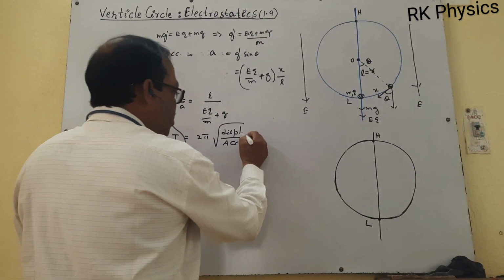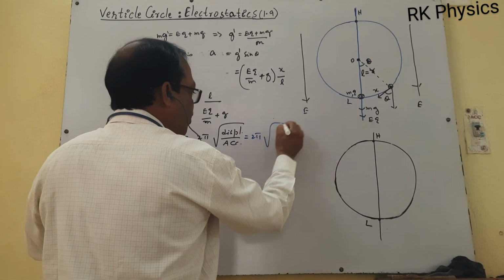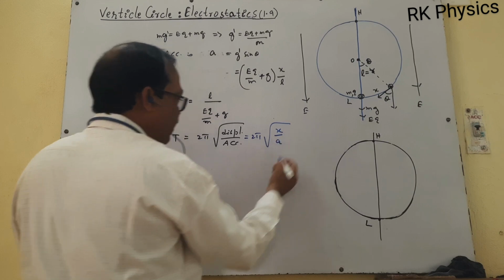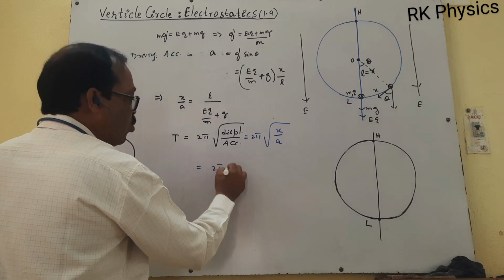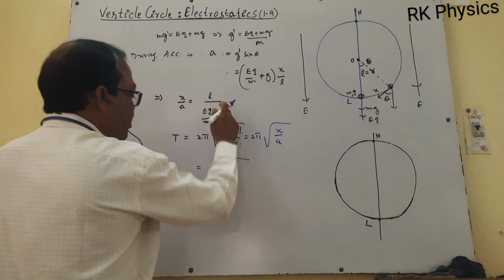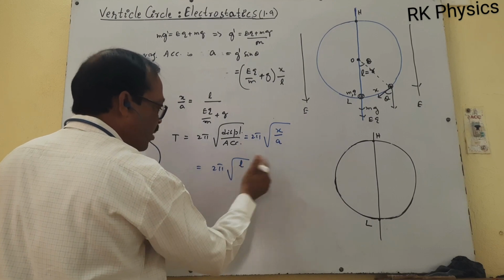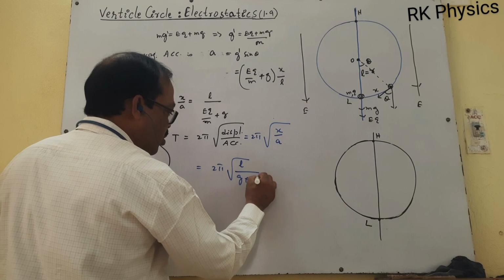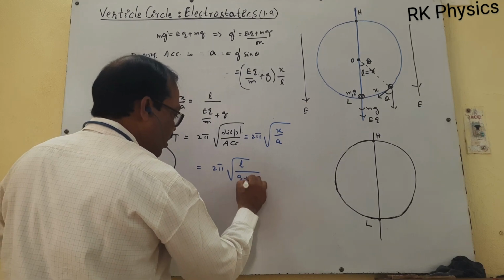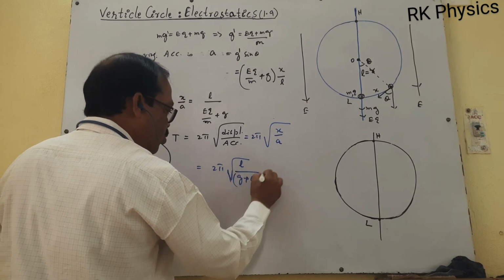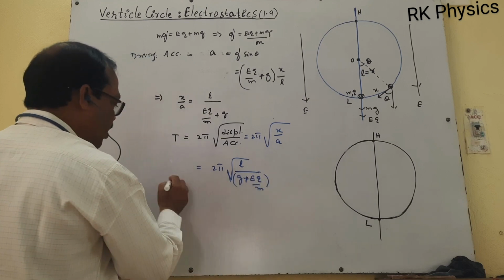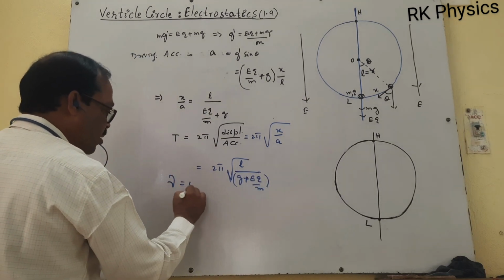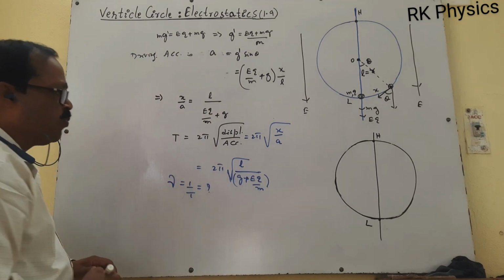So this is 2 pi root over x by a. You can substitute L or R divided by g plus EQ divided by m, all in the root. Accordingly you can calculate the frequency.